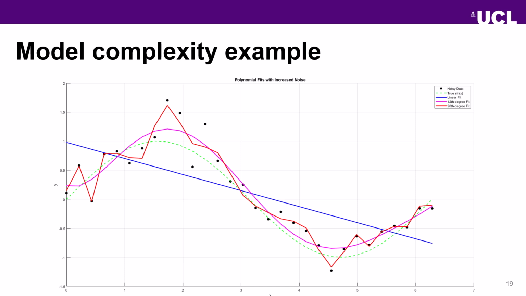But another example of complexity. In this case, we assume complexity is the number of components in a polynomial model rather than the changing of our parameters. I've just plotted something quite simple here, in that the green dotted line is our ground truth, and I've just plotted some points along there with a bit of added noise on each of them. I've then plotted a very simple linear fit, which is absolutely terrible at fitting the data and doesn't capture it very well.